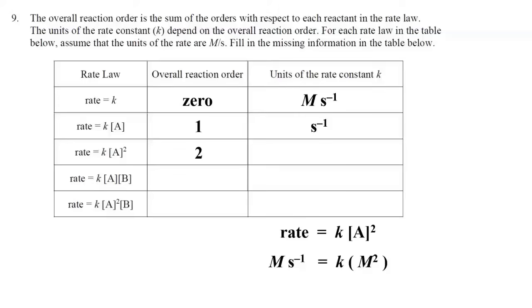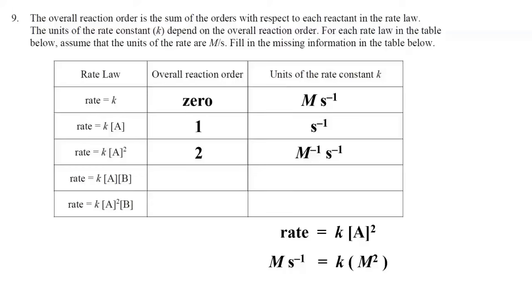So if I have molarity squared times K, what should the units of K be to make the units match on both sides of the equation? I would want the units of the rate constant K to be molarity to the negative 1 power, or 1 over molarity, and then I still have to have the inverse seconds to make them match. So molarity to the negative 1 power times seconds to the negative 1 power.